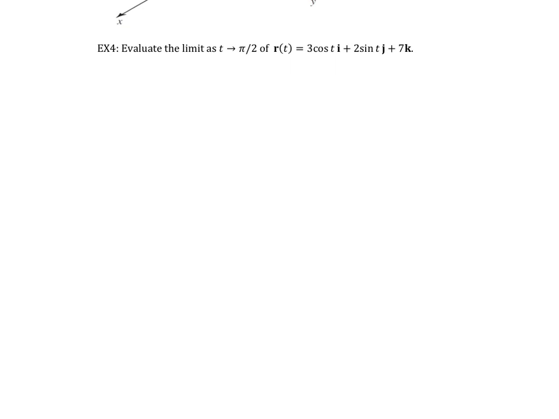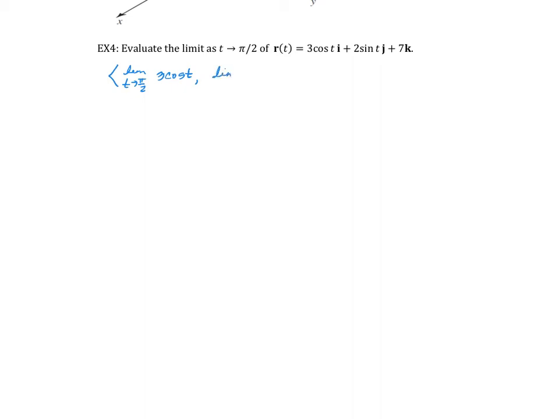Now, when you evaluate the limit, it's fairly straightforward. In example 4, we're going to evaluate the limit as t approaches pi over 2 of our vector valued function r of t, which is 3 cosine t i plus 2 sine t j plus 7k. That just means that we're going to take the limit of each piece. Now you can write it as the vector because it is going to be a vector, where you take the limit as t approaches pi over 2 for each piece. The first piece is 3 cosine of t, comma, because I'm writing it as a vector, or you could keep it in ijk form.